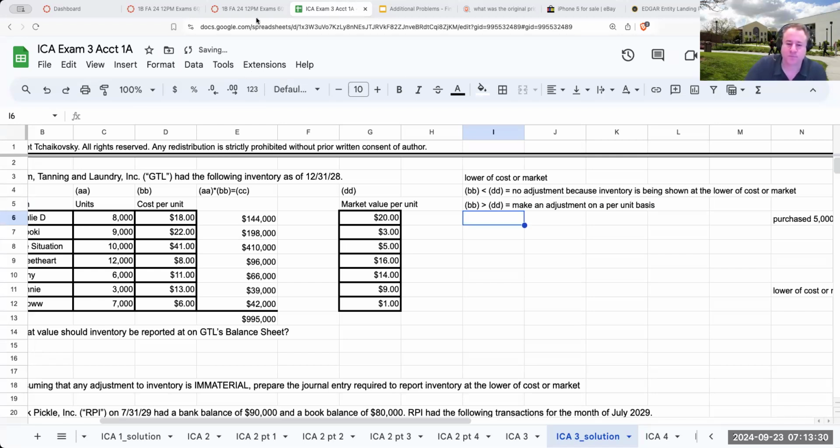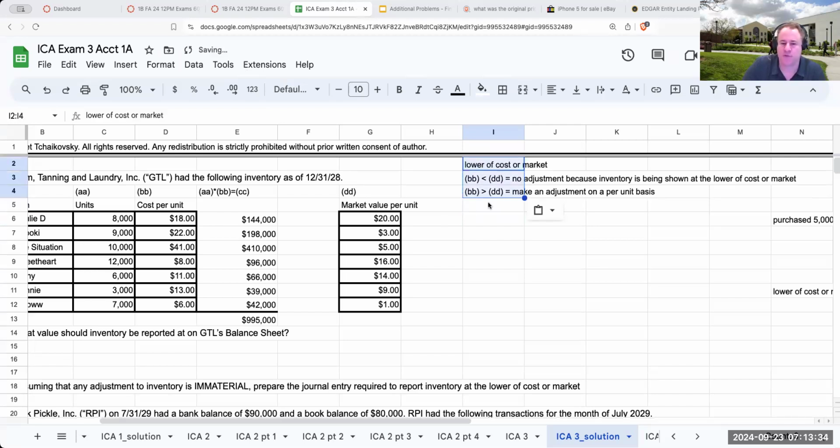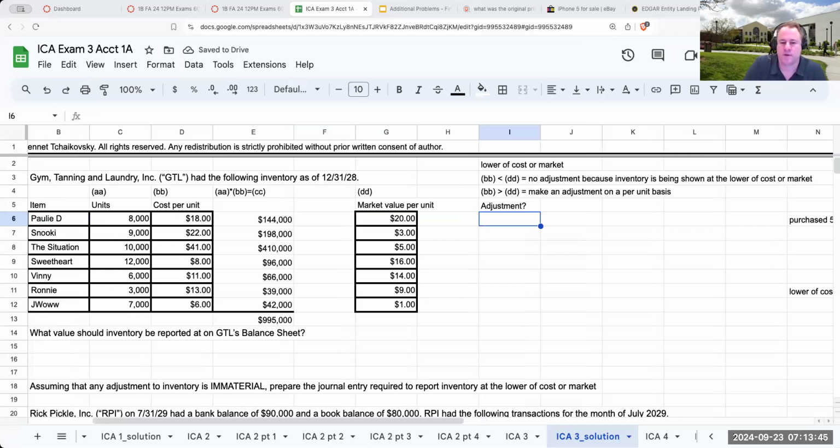Okay, so coming over here, what we're going to do is look at the adjustment. For this one, the cost per unit is less than the market value per unit, so no adjustment.